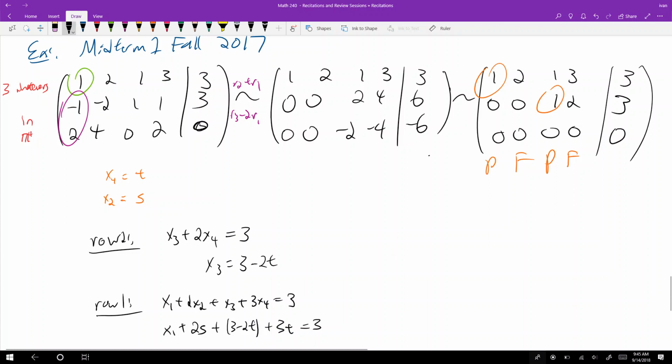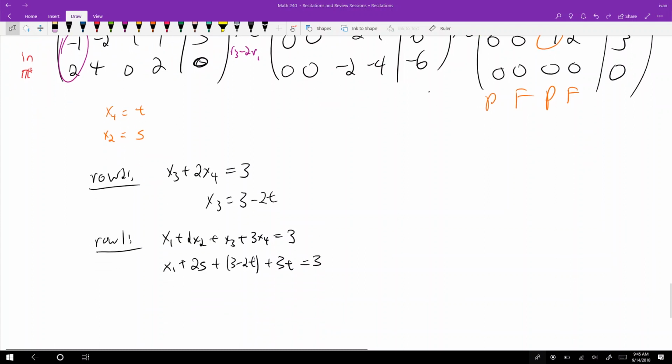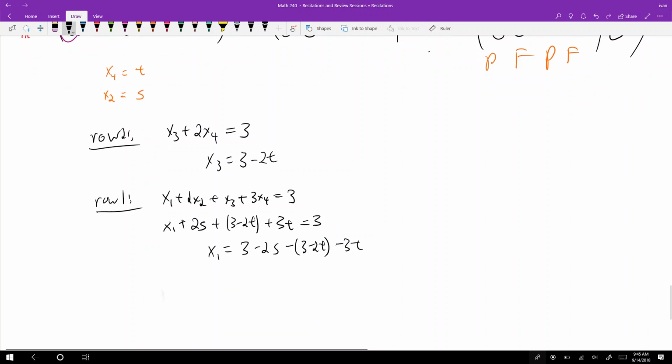Alright, and so now we just have to solve this mess. x1 is equal to 3 minus 2s minus the quantity 3 minus 2t, minus 3t. I just moved everything over to the right-hand side.